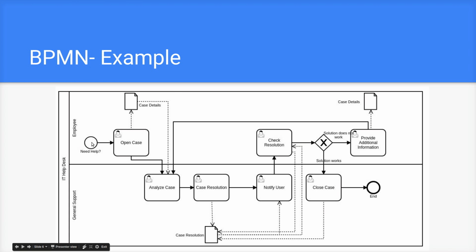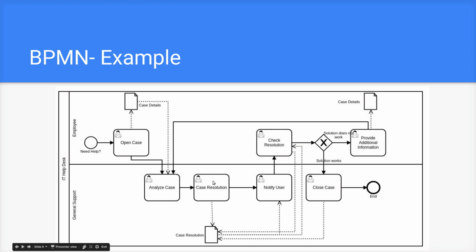So it starts when the employee needs help, and what he does is a user task. He opens a case, and when he opens a case, a case details data object is produced, and this is consumed by the analyze case activity, which is handled by the general support. So when an employee opens a case, it goes to the general support, and the general support analyzes the case first, and he comes up with the case resolution.